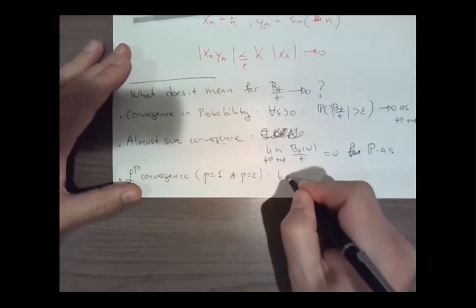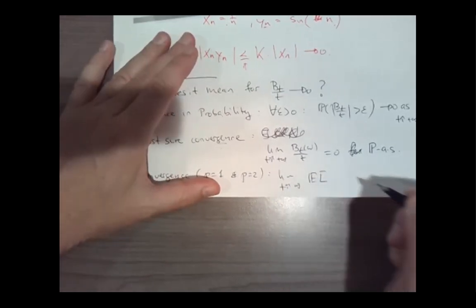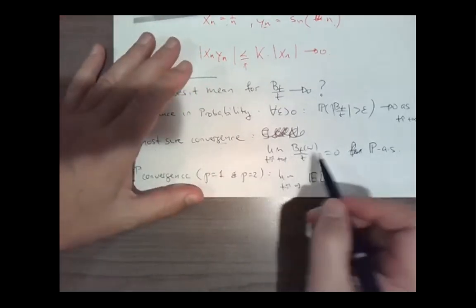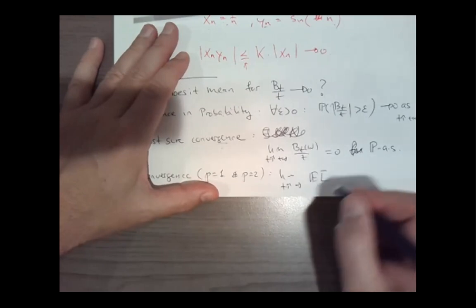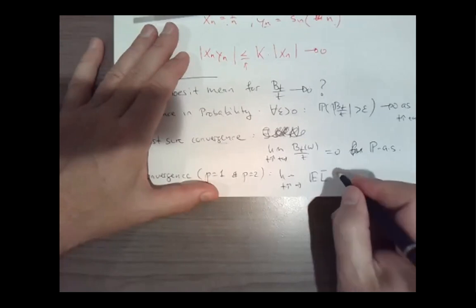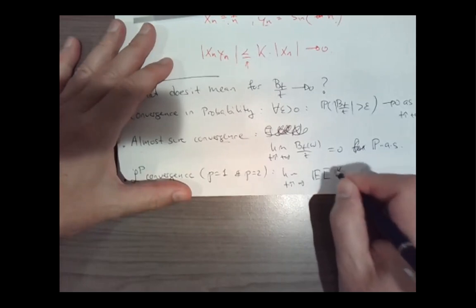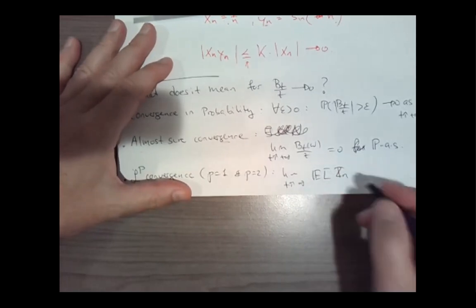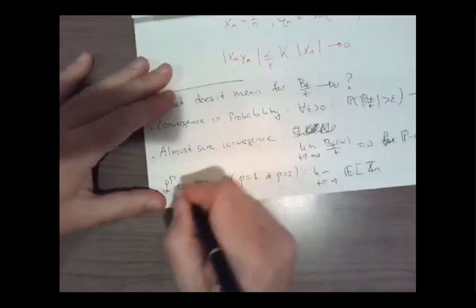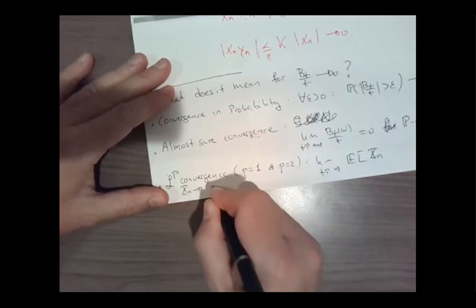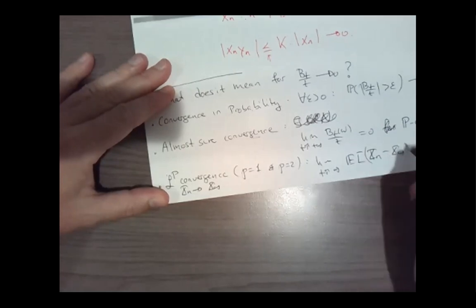You take the limit as n goes to infinity of the expectation of the difference raised to the power p.